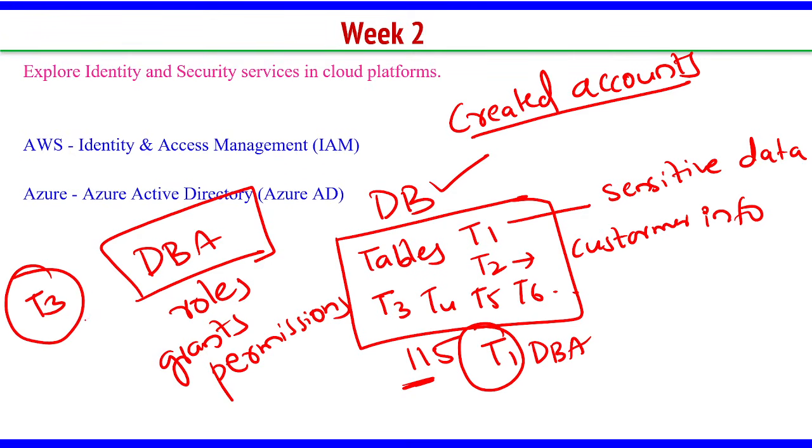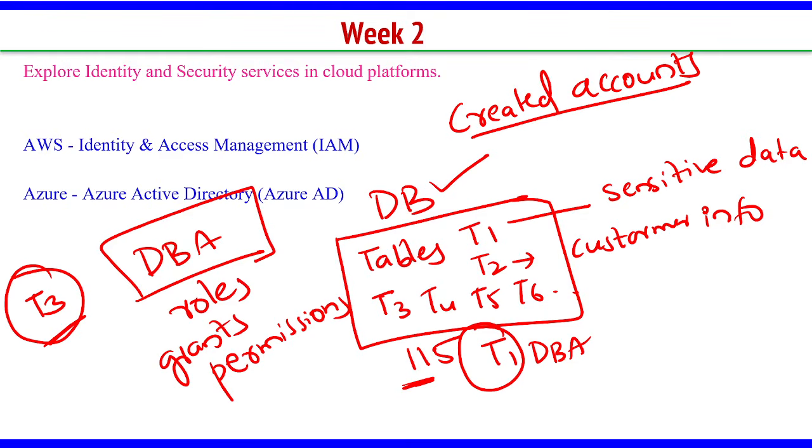For junior developers or newly joined employees, they don't give access to this T3 table because it is a main table. So the database administrator controls that. He grants you access or revokes your permission based on certain conditions. A few tables only the DBA can access, a few tables only the project manager can access, a few tables only the team lead can access, and there are some tables which anybody can access and play with.